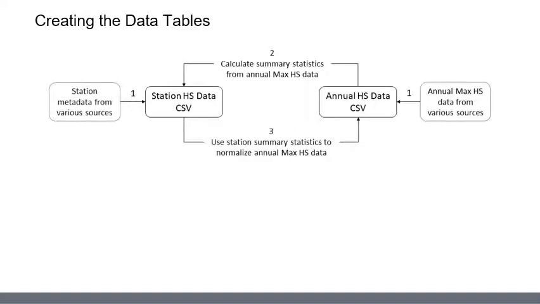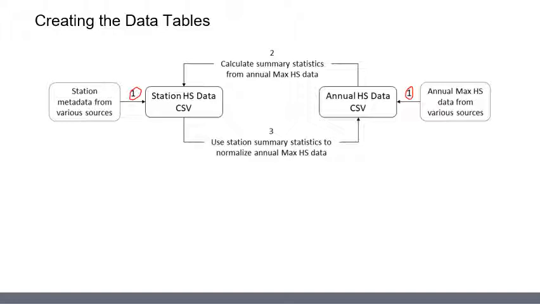The first step is to populate these tables with metadata from the various sources, and on this side we're populating the annual maximum HS values. As a result, the annual HS data CSV is much larger than the station HS data.